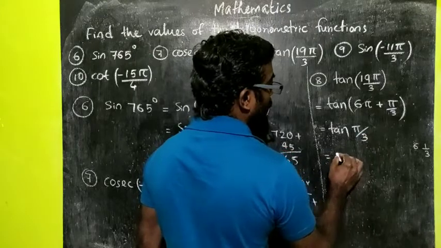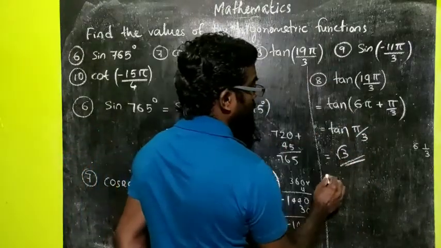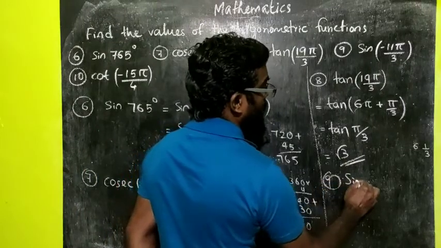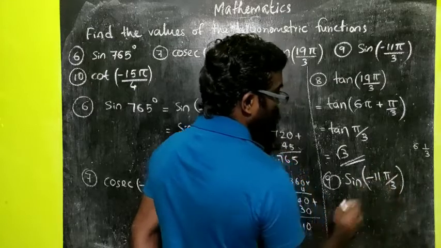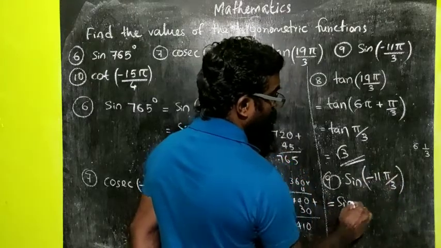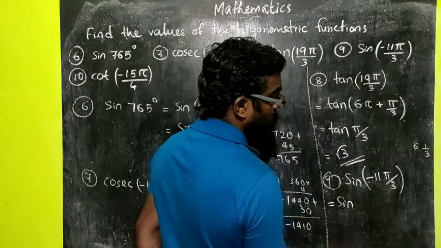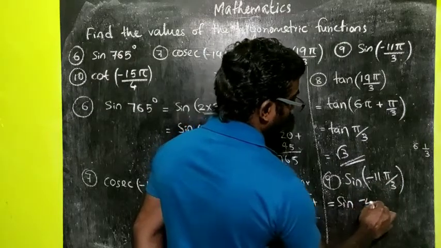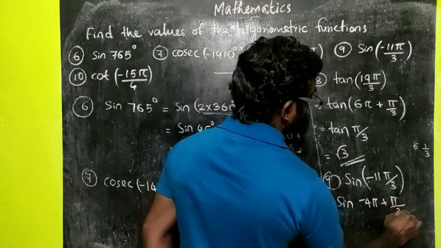Tan 60 degree and the value is root 3. And the next one is sine of minus 11 pi by 3. And this can be written as sine of minus 11 pi by 3. The multiple of 3, next multiple is 12. So we can write minus 4 pi plus pi by 3.